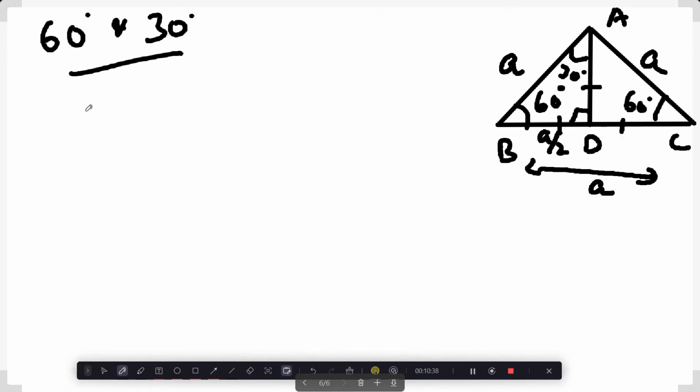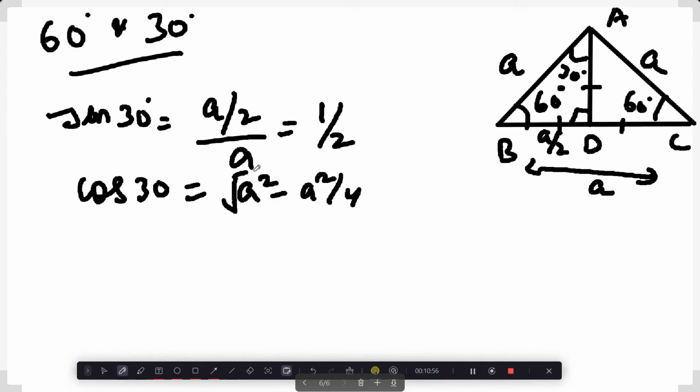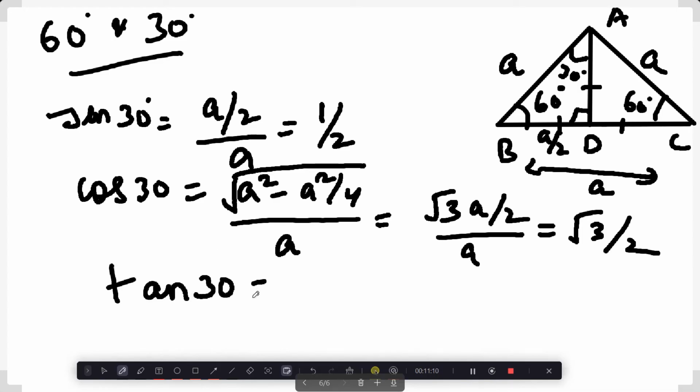So what is sine 30? Sine 30 is A by 2 divided by A, which is 1 by 2. Cos 30, adjacent side, basically what is AD?